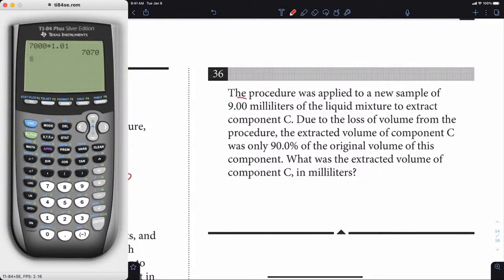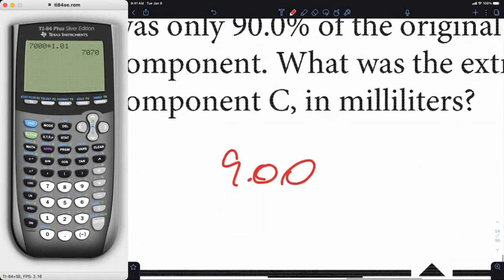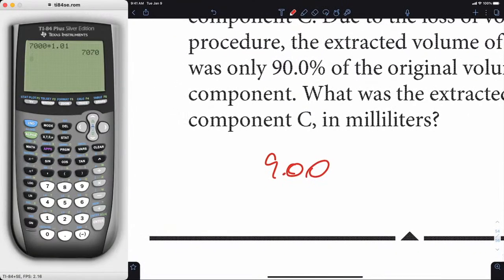Okay, so we have 9.0 total milliliters of the liquid mixture. Liquid C is still 20%. So what's 20% of 9? Well, 0.2 times 9 is 1.8.